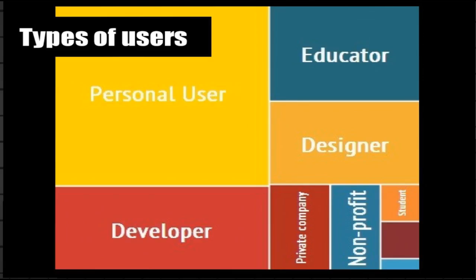We're growing slowly, we're growing steadily, we're growing organically, and we have some underlying factors that are very much in our favor. For example, when I do a survey of our user base, it's very diverse. We have nonprofits and developers, individual users, educators.